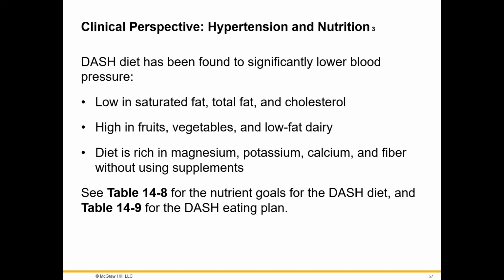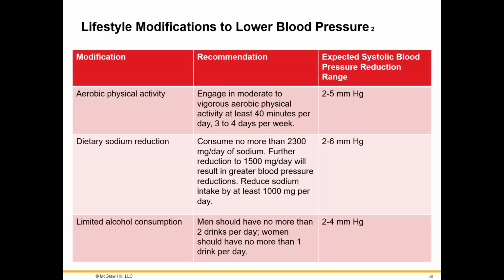So the DASH diet was based on research studies conducted by the National Heart, Lung, and Blood Institute, and it's similar to other dietary patterns that promote cardiovascular health. Here are some other lifestyle modifications you can implement that'll help you lower your blood pressure: increase your aerobic physical activity, of course, decreasing the sodium, and also limiting alcohol consumption.